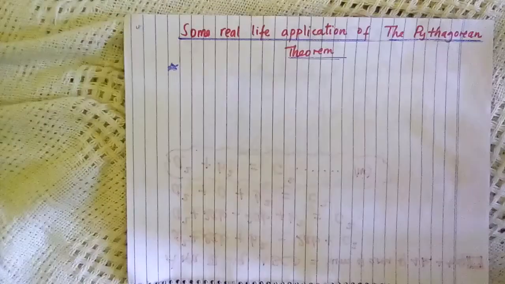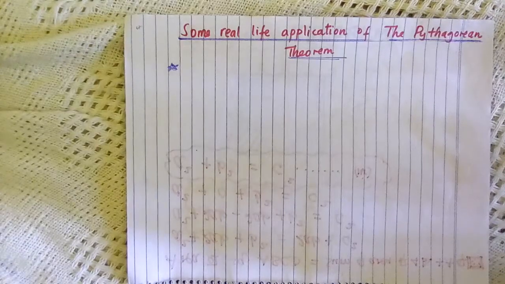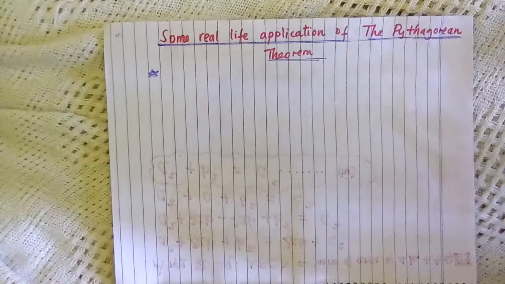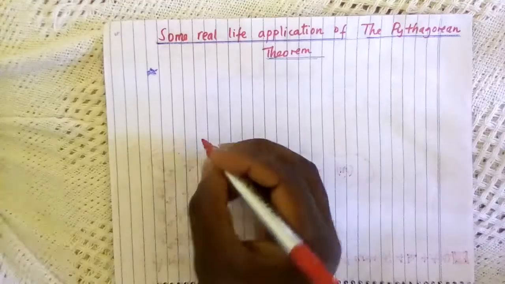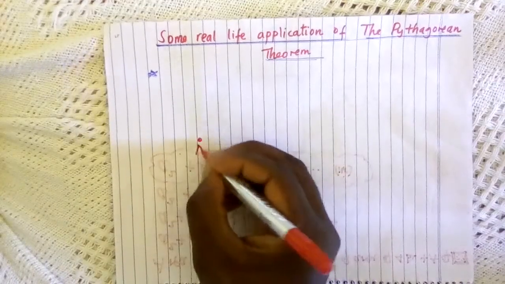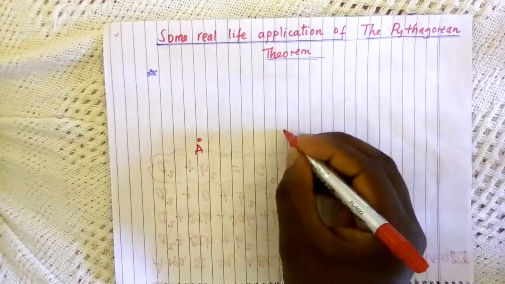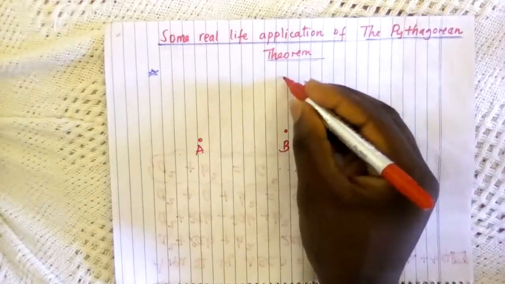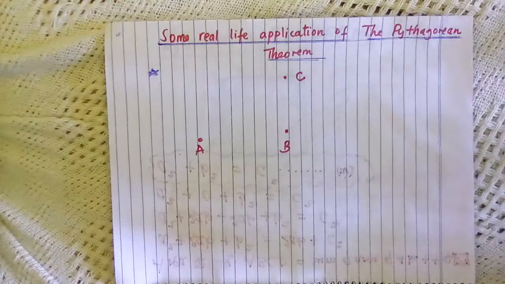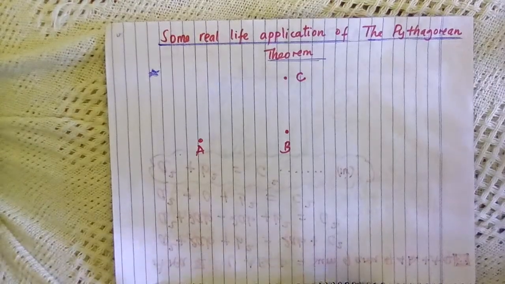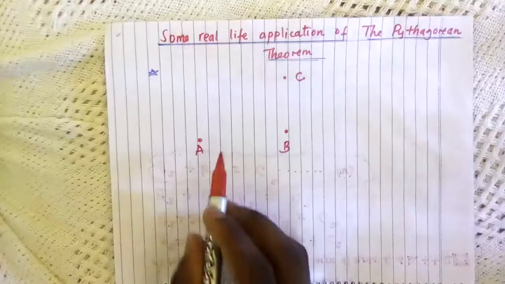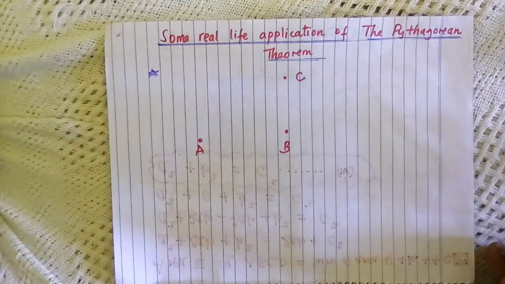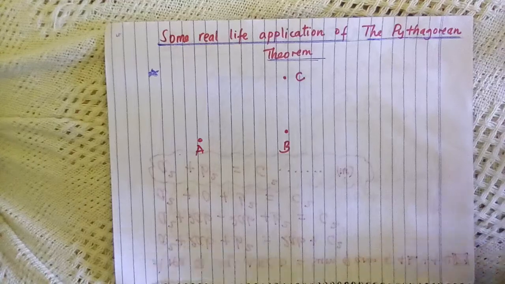Just to keep things simple, I'll give you this scenario. Imagine we have 2 points. Let's say this is point A, this is point B, and this is point C. Follow me step by step, because this is a simple analogy to explain the applications of the Pythagorean theorem.